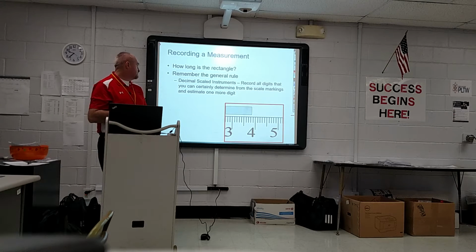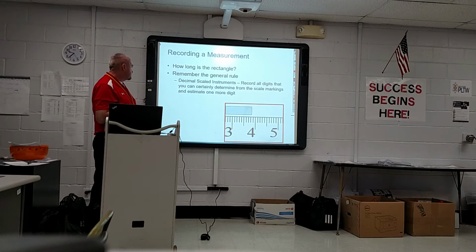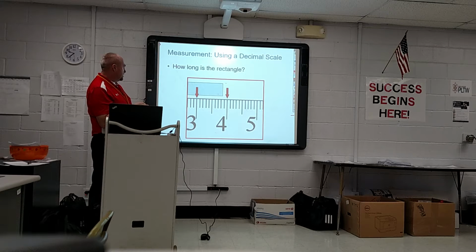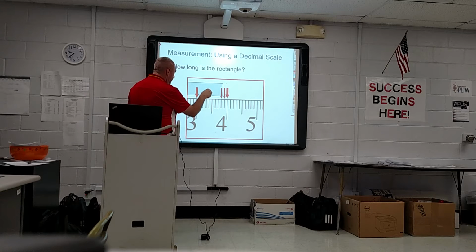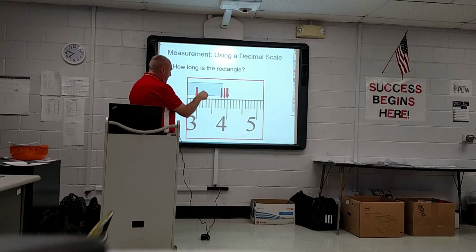But let's click one more time and look at this. So how long is the rectangle? In fact, I'm going to go back one slide and let you look at that zoomed in just a little bit. You've got to determine if the edge of that rectangle is directly in the center of 3.8 or 3.9. Here's where this standard comes into play: error is unavoidable, because you're having to make an educated guess.